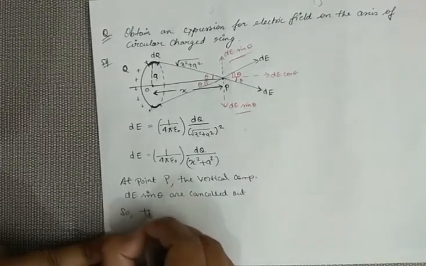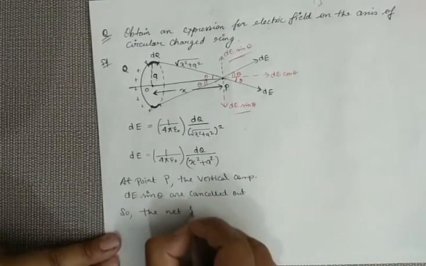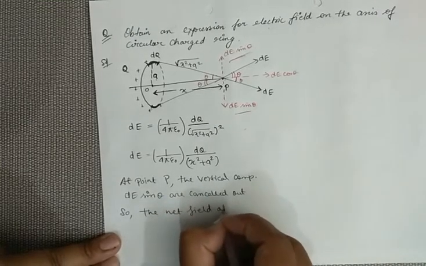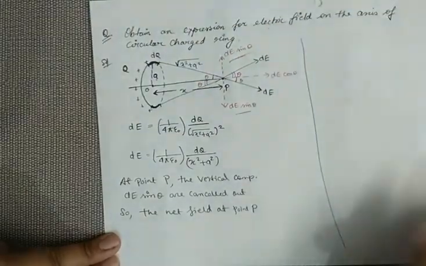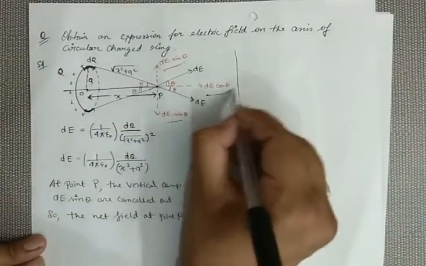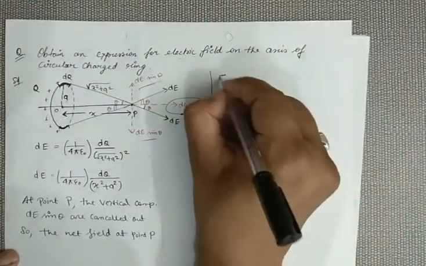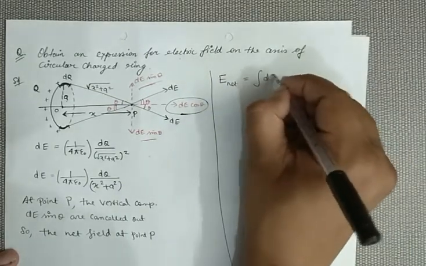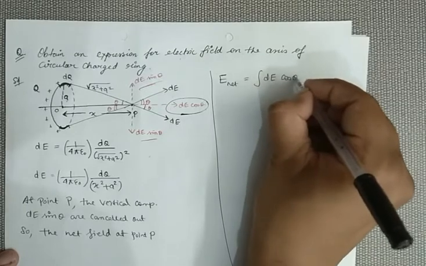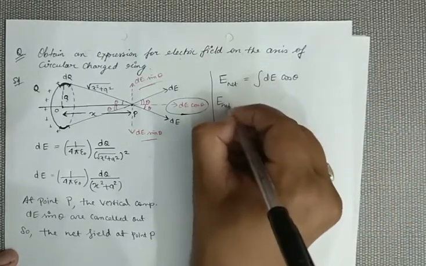So the net field at point P is only due to the component dE cos theta. So your net field is only due to the integration of dE cos theta. So just substitute the value of dE.